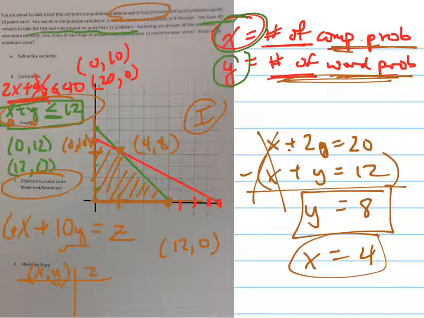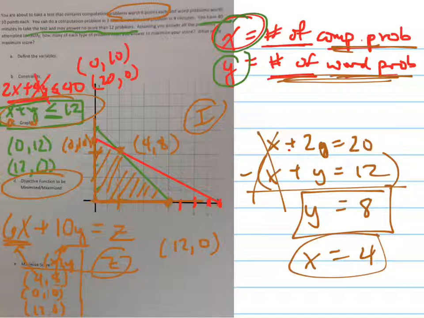So I'm making a t-chart, and my points are 0, 10, 12, 0, and I'm running out of space, so let me add one more above it here, and 4, 8. So why am I doing this, you ask? Because I have to figure out which one of these points gives me a maximum z value, or a maximum total number of points on my test. So let's plug these in. Plug in 4 for x, 8 for y.